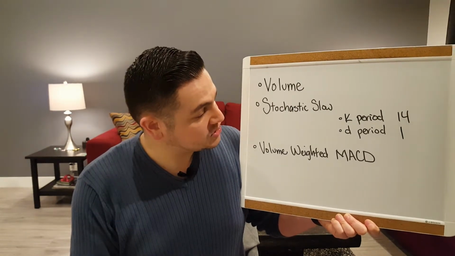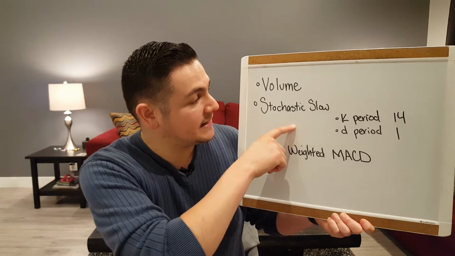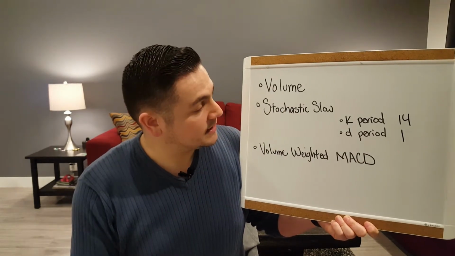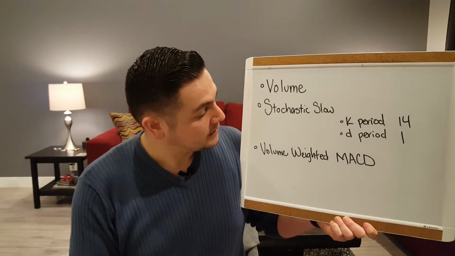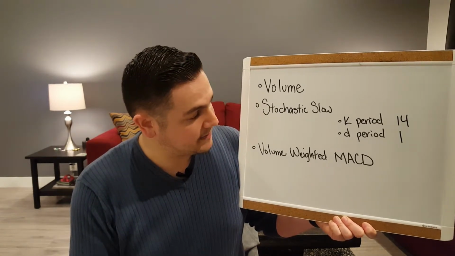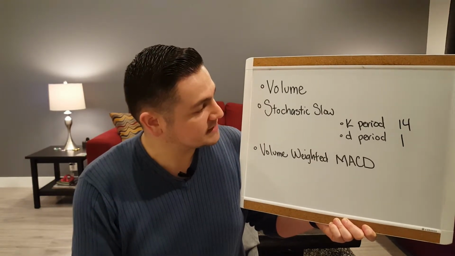But I do pay attention to it. You know, if I see this aligned with that aligned and everything and the exponential moving average is aligned, then I'm really interested in the company. But I don't put that much emphasis on the MACD. I do though put on the Stochastic Slow.